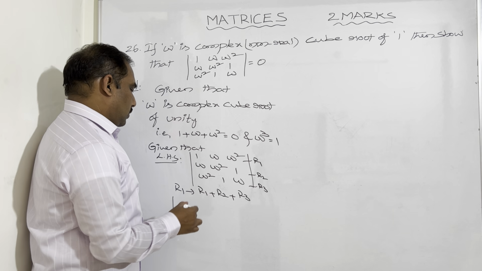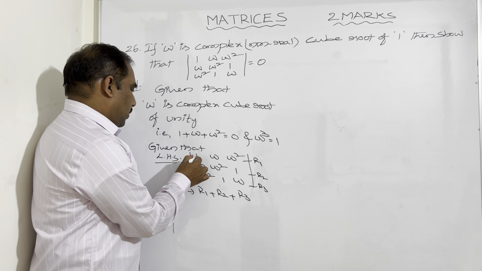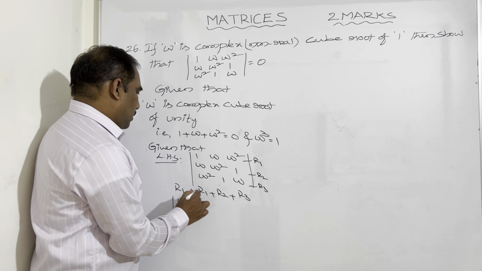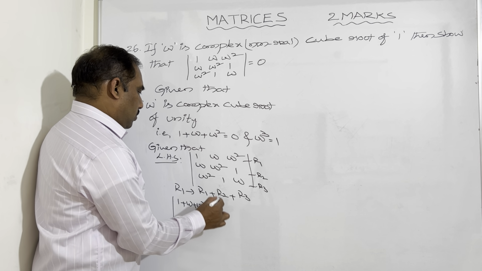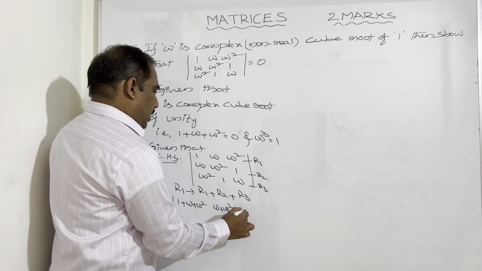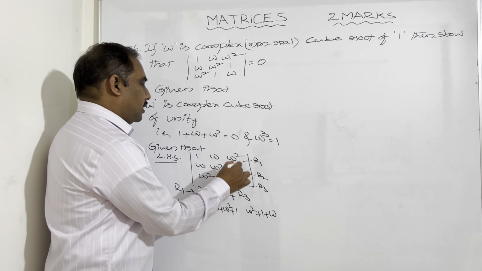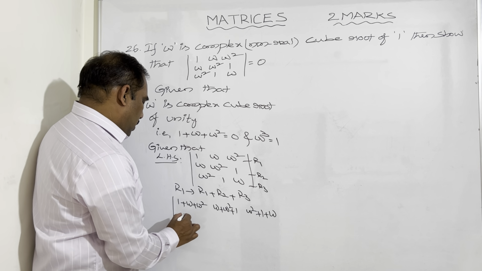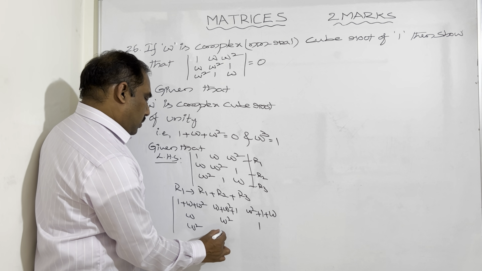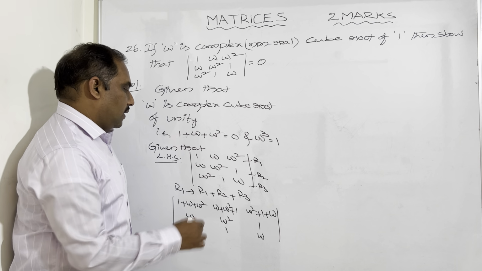Adding R1, R2, R3 and writing in the place of R1: 1, omega, omega square adding, again omega, omega square, 1, again omega square, 1, omega. R2 and R3 rows remain the same, no change in R2 and R3.